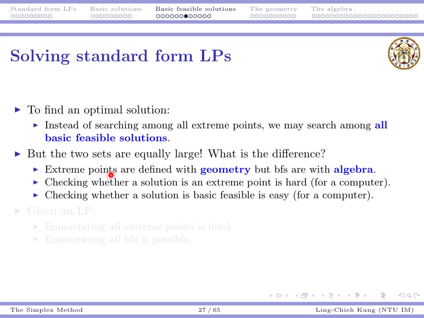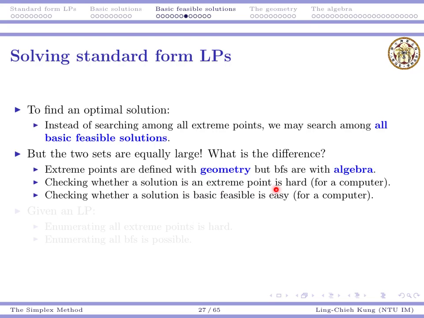Think about the definition of extreme points. A point is an extreme point if you cannot find a line segment such that the two endpoints are in the set and that line segment contains the point, or something like that. If they do not exist, it would be very difficult to write a computer program to verify whether a solution is an extreme point, right?